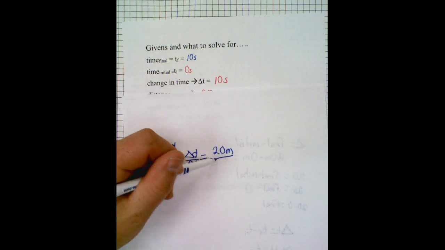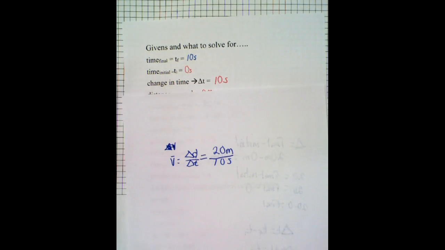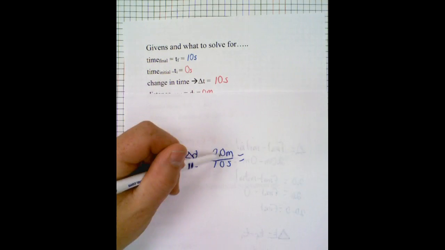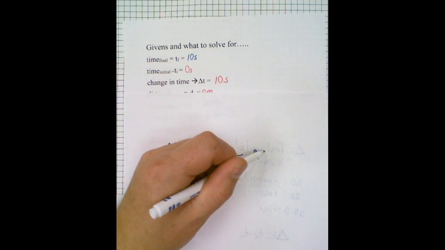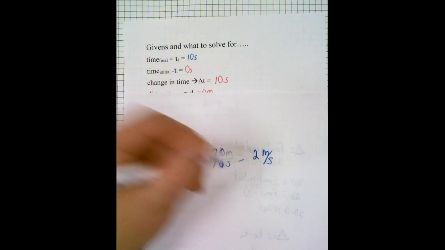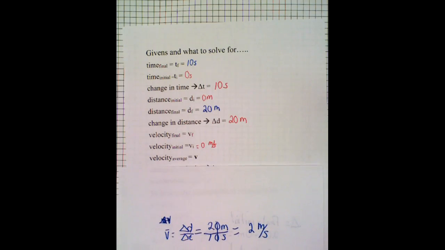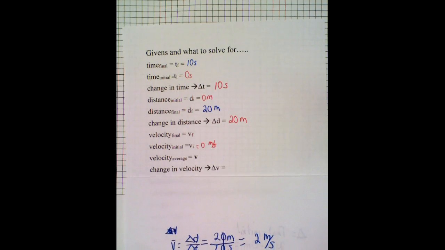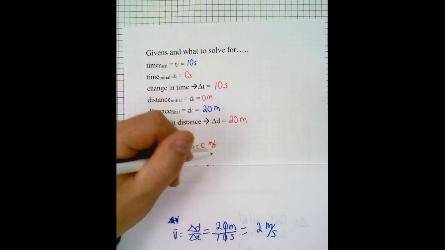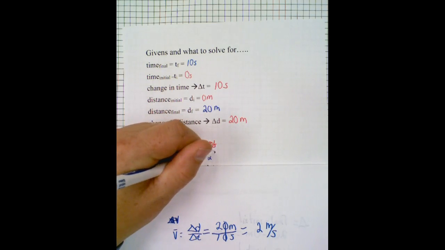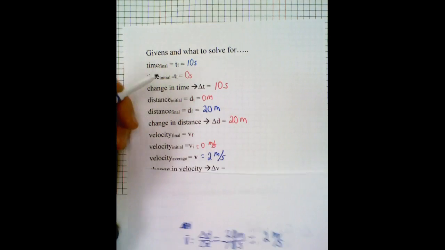Change in time, 10 seconds. 2 meters per second. Over here, velocity average was 2 meters per second.